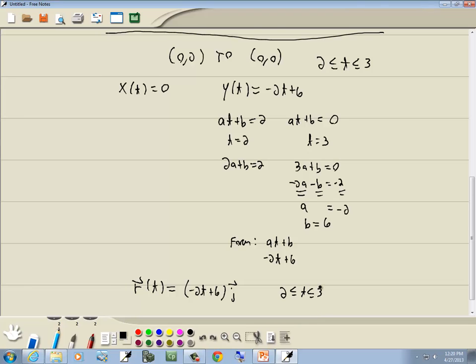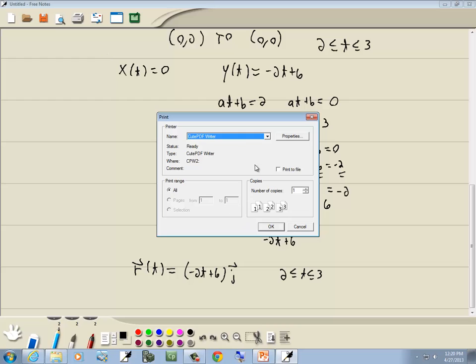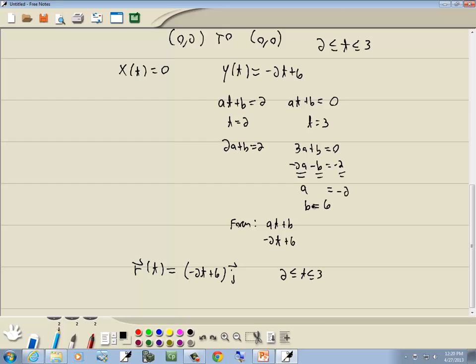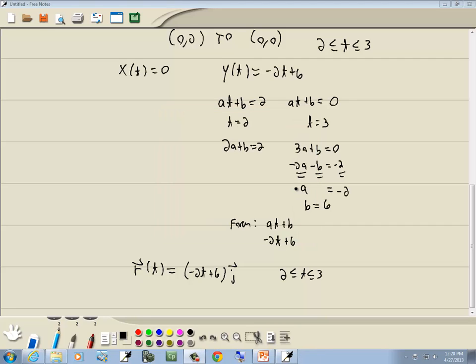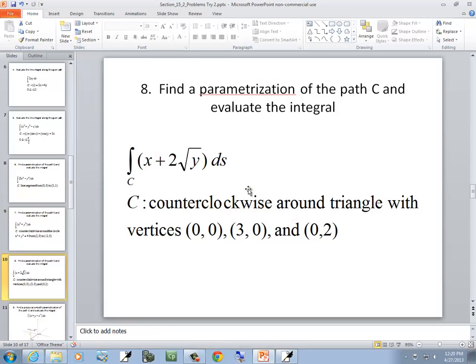And let me go ahead and save this page. There we go. And still on number 8.